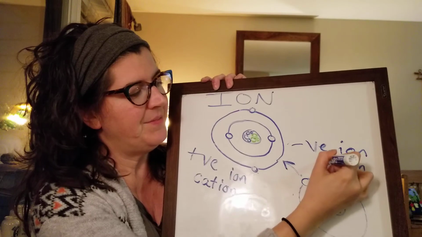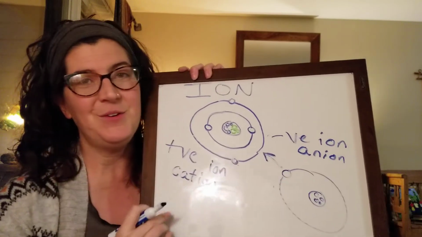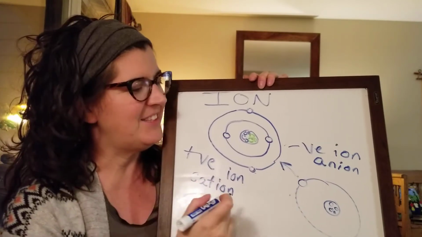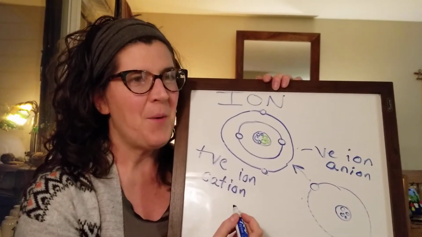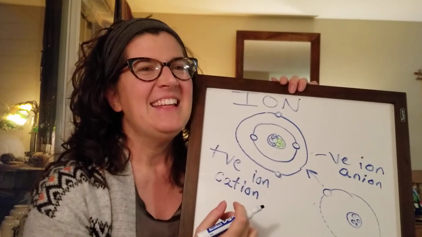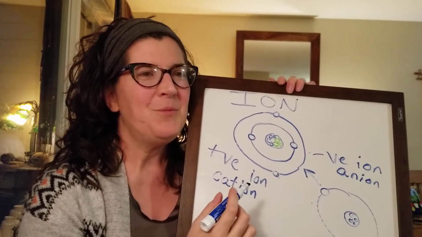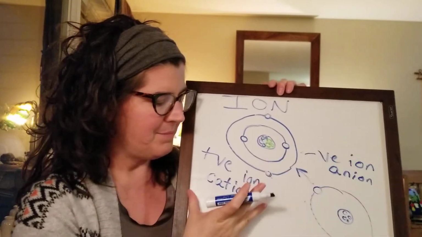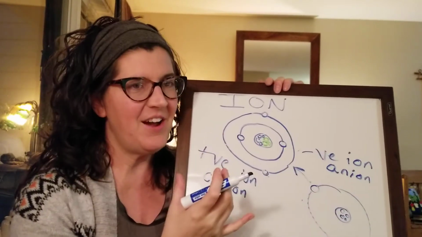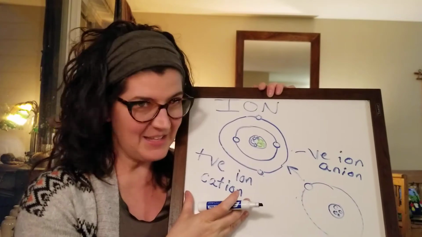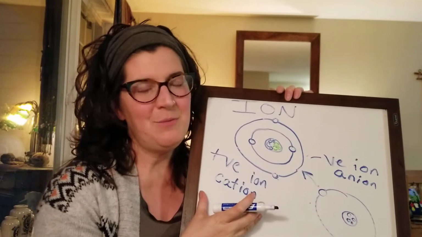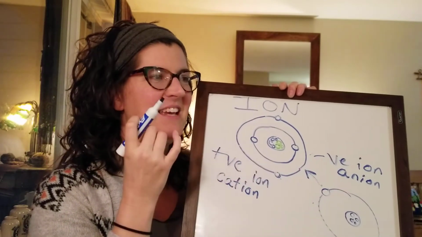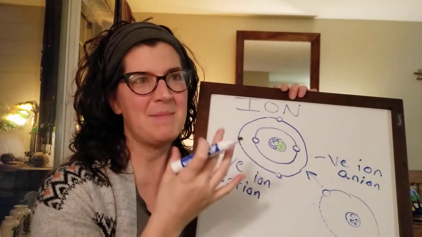There's more. There's all these little details about this that you want to know. I know you're like, yes, I always wanted to know this. This is so exciting. Here we go. So, when you have a positively or negatively charged ion, they not only have a special fancy word for it, but they have a special fancy way of talking about it and writing its name out.